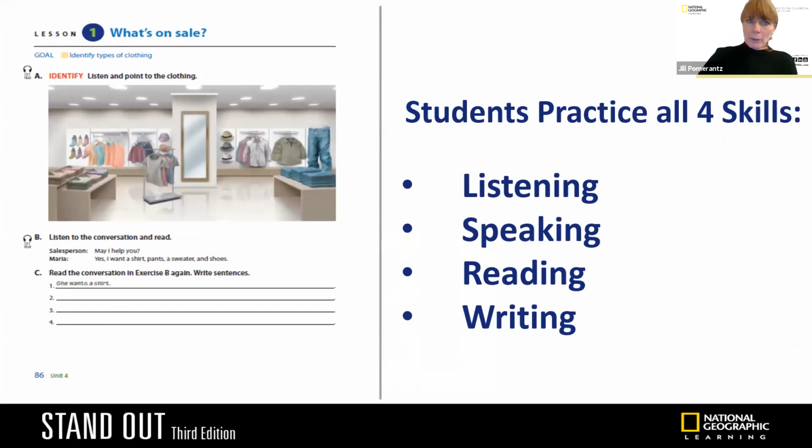So what else are students learning in the student book? Obviously, they are going to learn the 4 skills: listening, speaking, reading, and writing. So each lesson covers these skills. In this one, this is lesson 1, students will listen to the conversation and read. So they're practicing two different skills here.